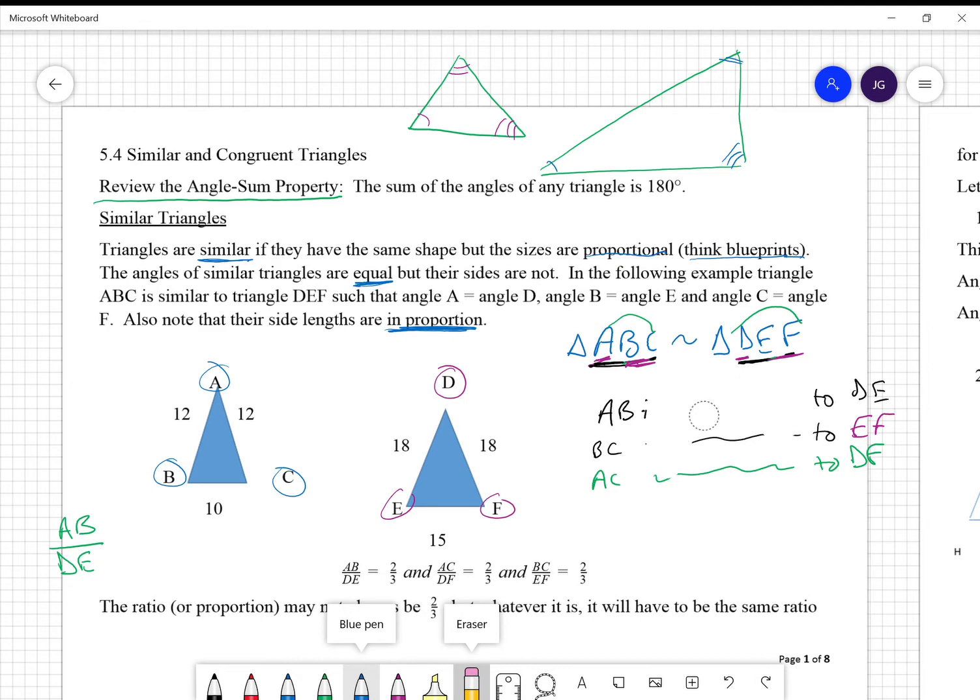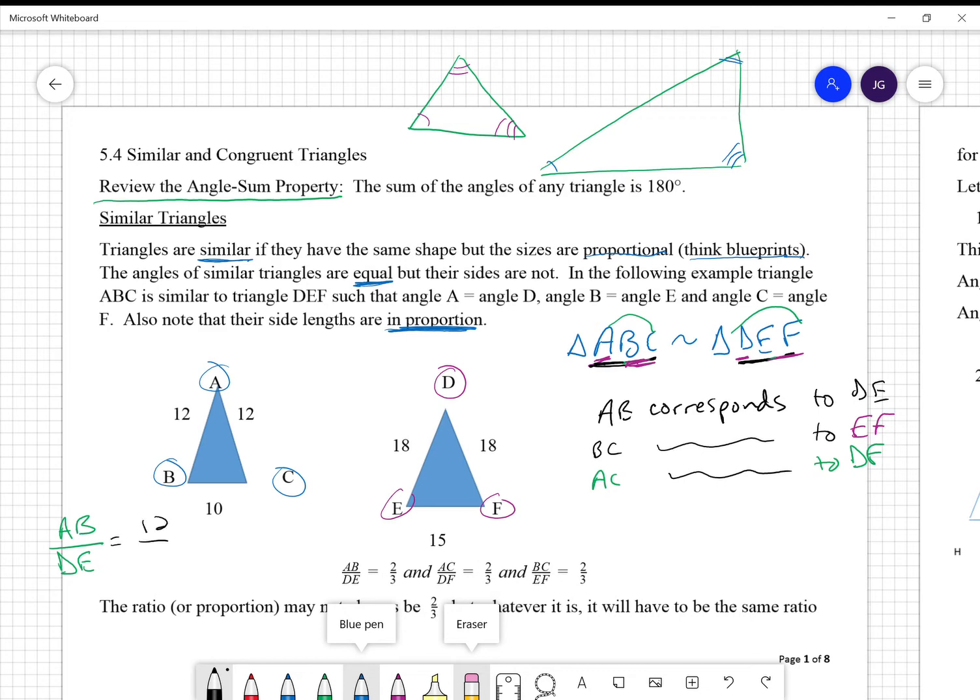AB corresponds to DE. So AB over DE, because they correspond to each other.